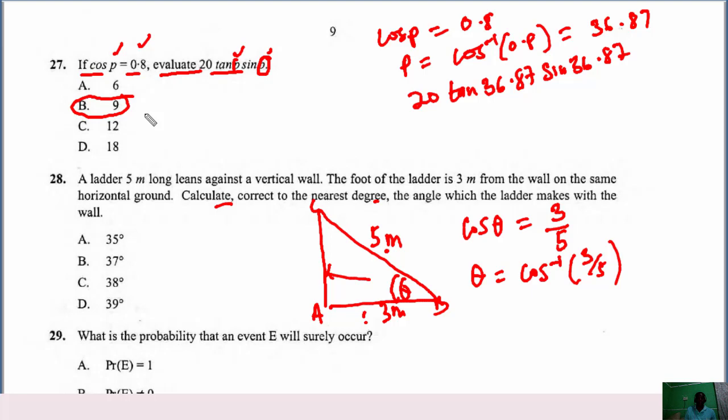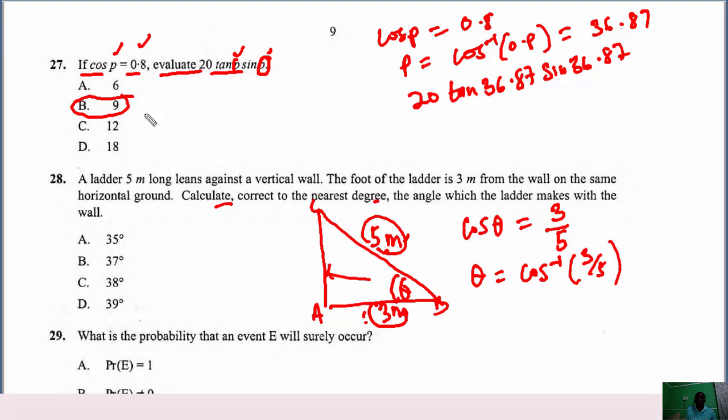Good. Let's check it again. So this is 5, that is the length of the ladder. Then the foot of the ladder is 3. Good. So this is adjacent, this is hypotenuse.